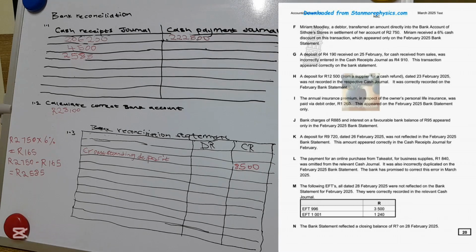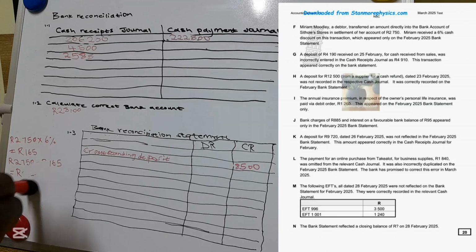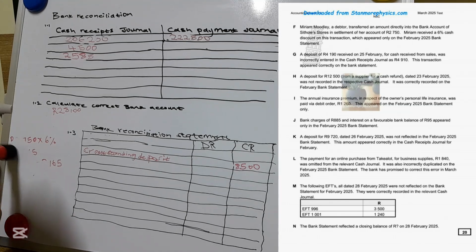This amount was incorrectly entered as 4,910, and that deposit is 4,190, meaning here we recorded more on our books. So now to deal with this situation, it's very easy, guys.